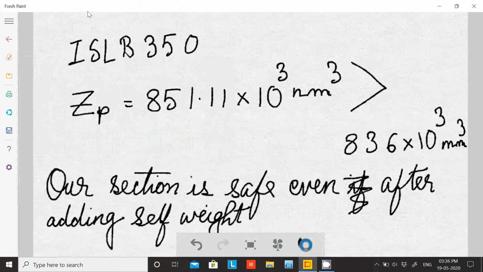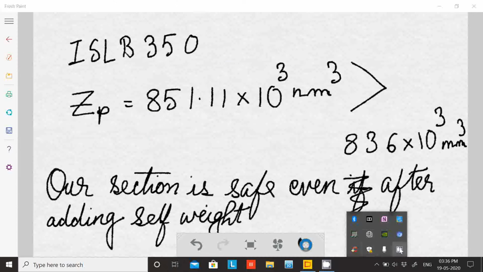And the section that we provided has a section modulus even greater than 836 into 10 cube. So in that case also our section is safe.